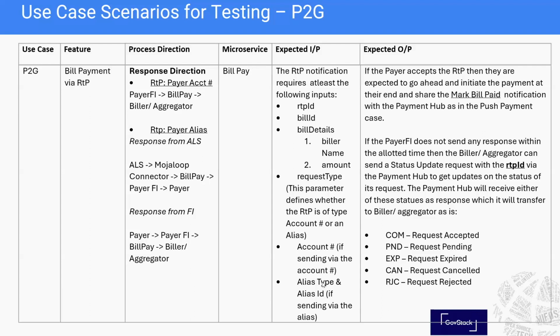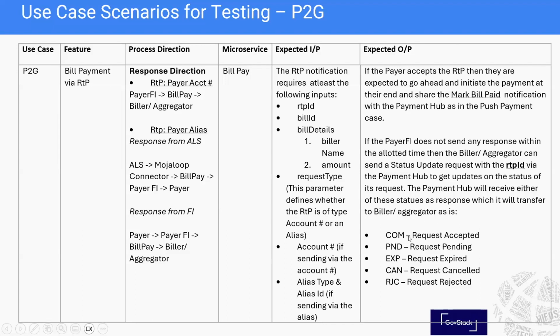For the RTP status request, the input that is expected is the RTP ID. It sends the specific ID so that the status against that particular ID could be queried. And in response to that, the status API returns any of these statuses.